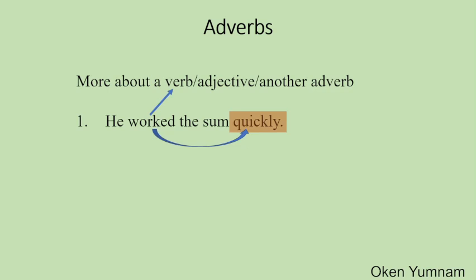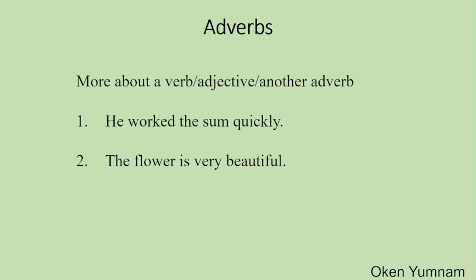He worked quickly. So this quickly is an adverb. Another sentence here. The flower is very beautiful. Here, very gives us more information about beautiful, and this beautiful is an adjective. So very gives more information about an adjective. So this very is an adverb.